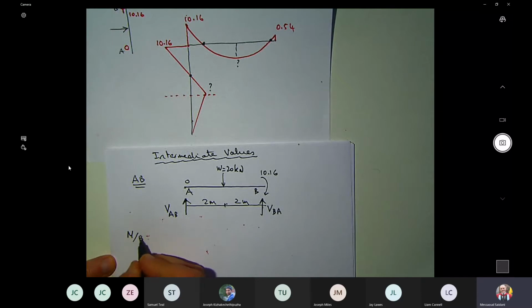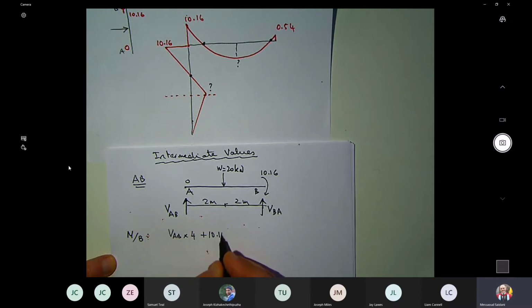So let's start with B, for example. Moments about B, we have clockwise about B, we have VAB times 4 plus 10.16, that's clockwise. Anti-clockwise about B, we have 20 times 2, that's it.